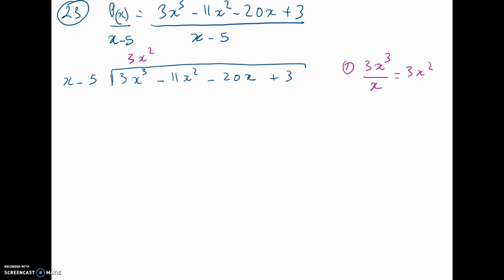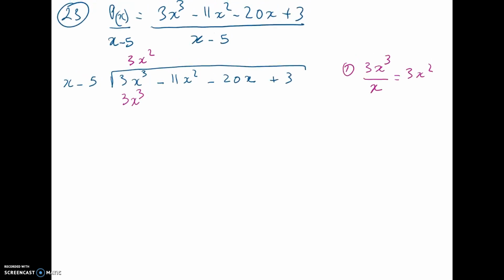So I put 3x squared right here, and then I multiply 3x squared by x, and that gives me 3x cubed. 3x squared times minus 5 equals minus 15x squared.